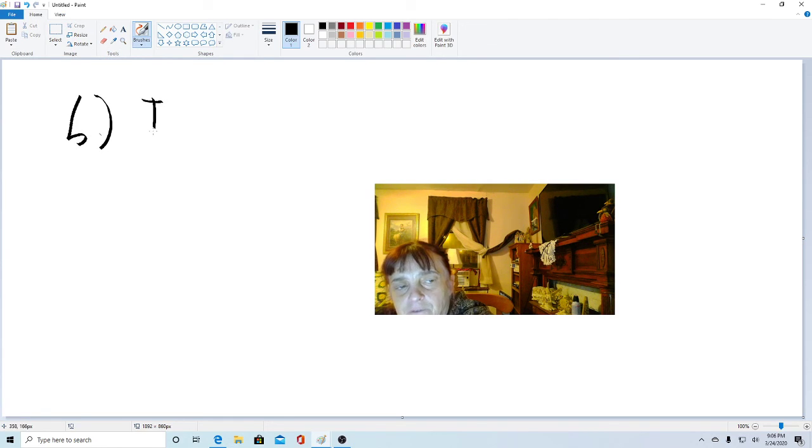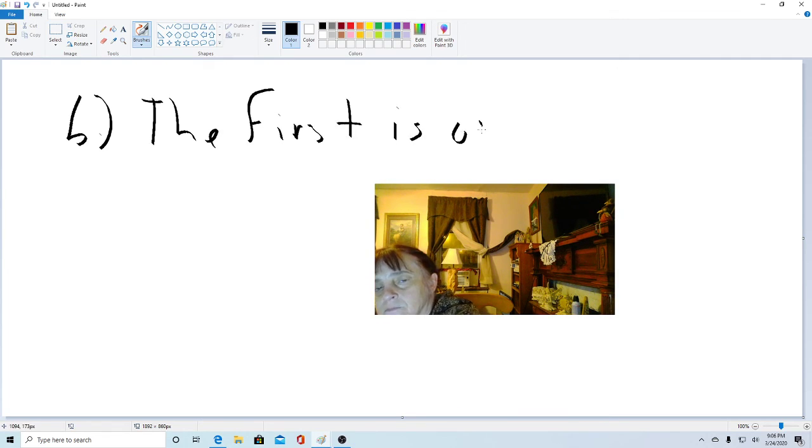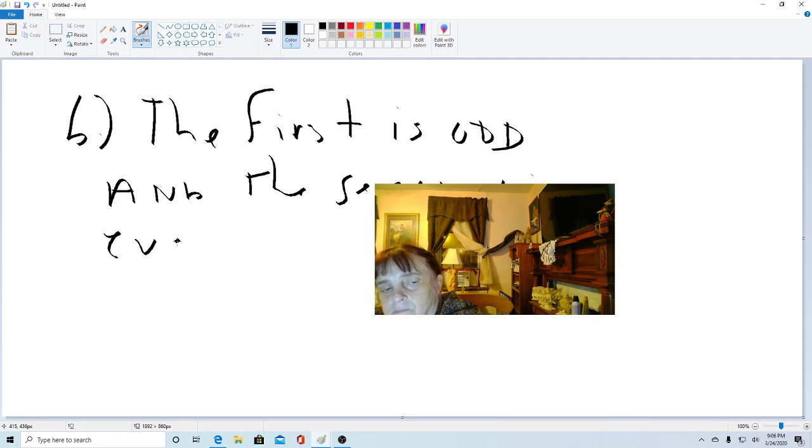Okay, how about the first is odd and the second is even? That's the probability the first is odd times the probability the second is even. How many odd ones do you have? 1, 3, 5, 7, 9.